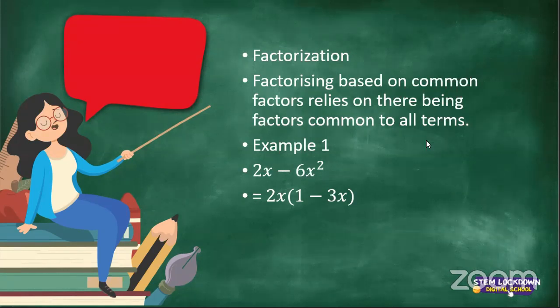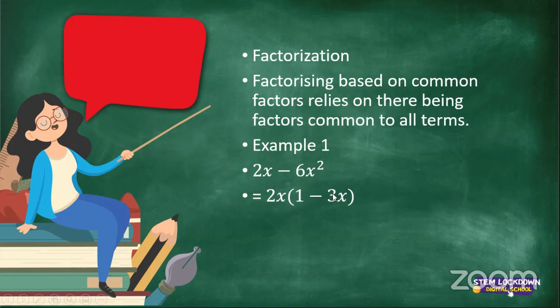So what is important is that we need to develop the capacity to identify common factors. In this case, 2x is our common factor. If you take out the common factor 2x, you will be left with 1 in this space, because 2x times 1 gives us 2x. And in this case, you will be left with 3x.